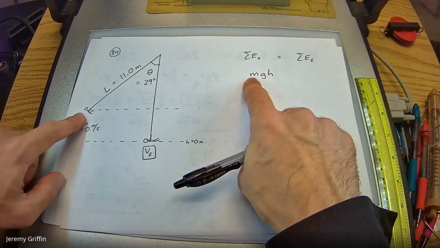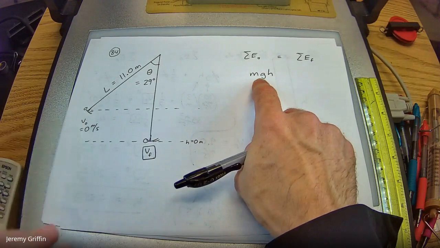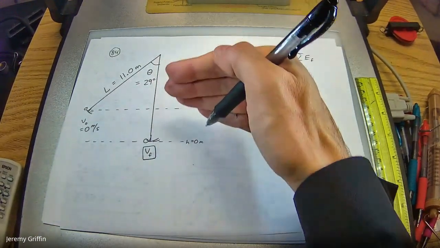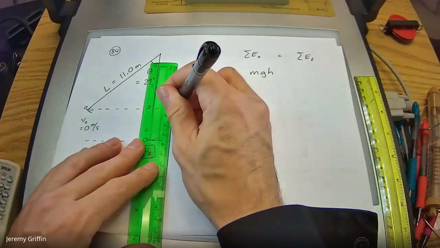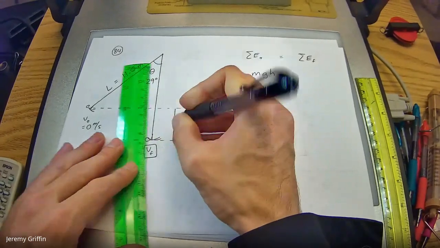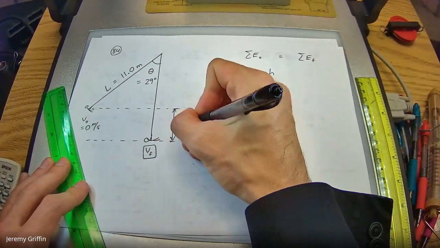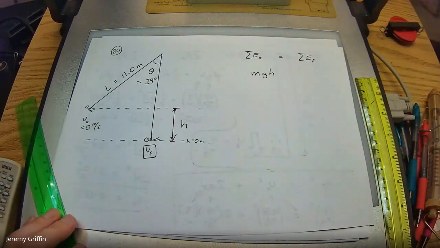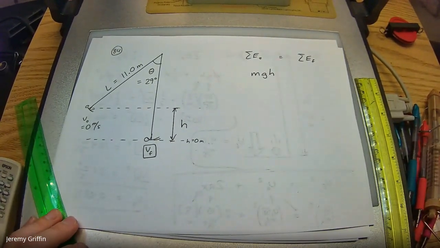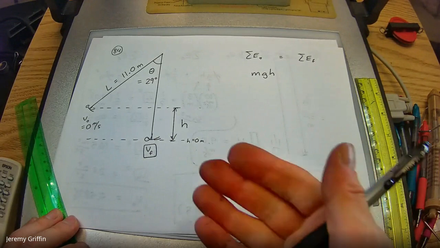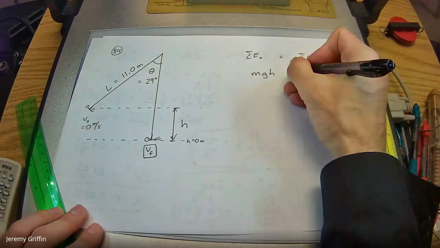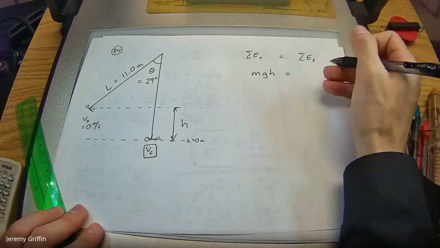M is the mass of the chimp, g is the gravity field. Do you see what the height change is going to be? On the picture, however much he's elevated is this value right here, call that h. Is that true? This is about to turn into a geometry problem, because how are we going to get h? Let's finish this off and then figure out how we're going to get that.